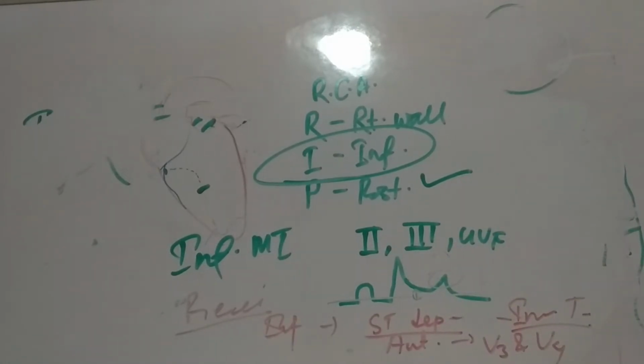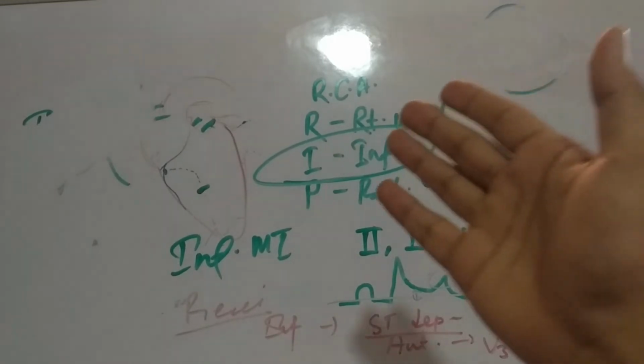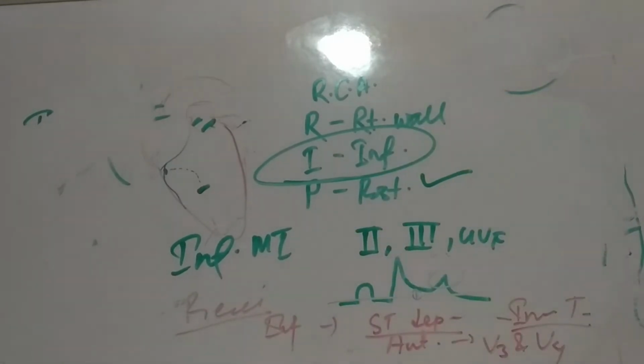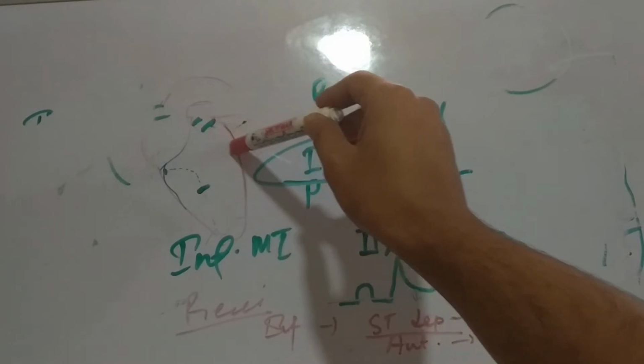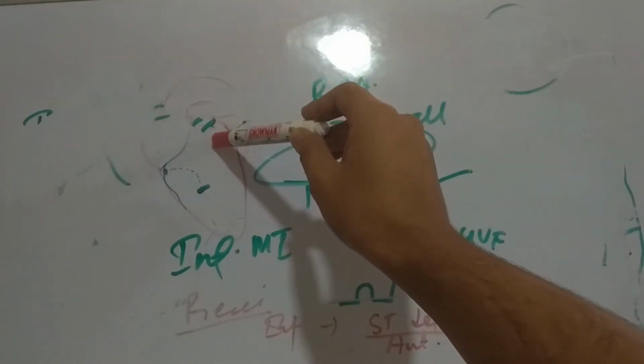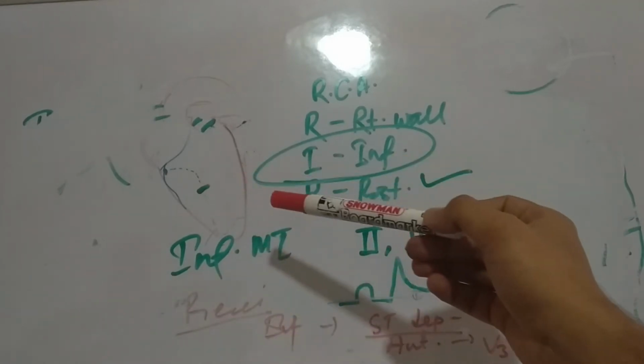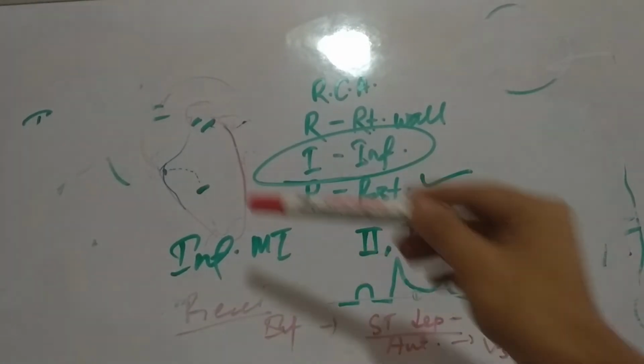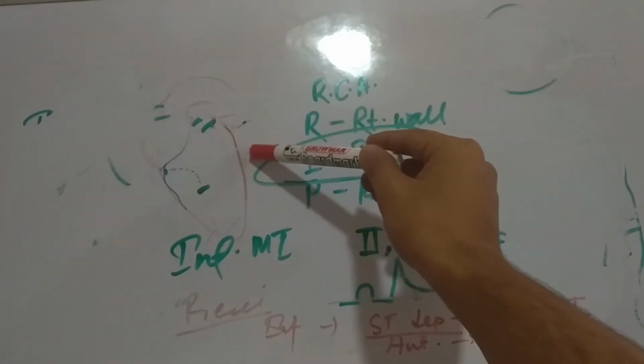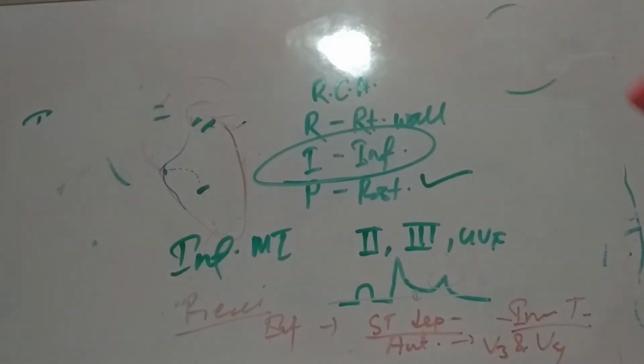So you need to be skeptical and look for features of left coronary artery occlusion. If the left coronary artery is occluded, you can find different lesions that we discussed in the previous video, like LAD may be involved, lateral wall may be involved, septum may be involved. So those leads you also need to keep in mind.